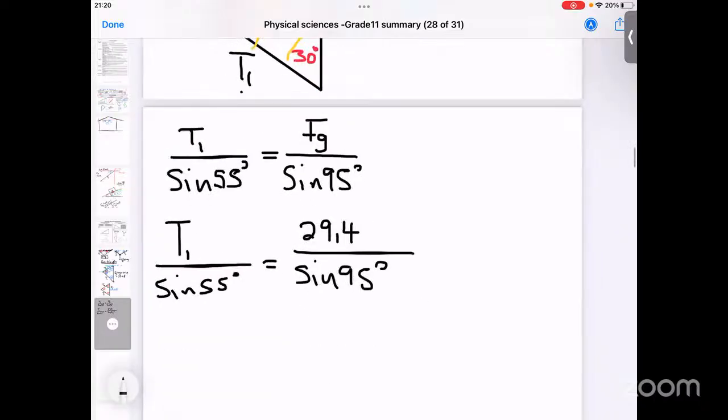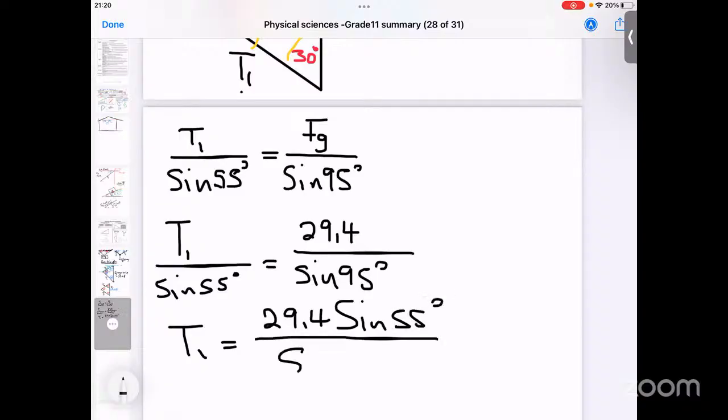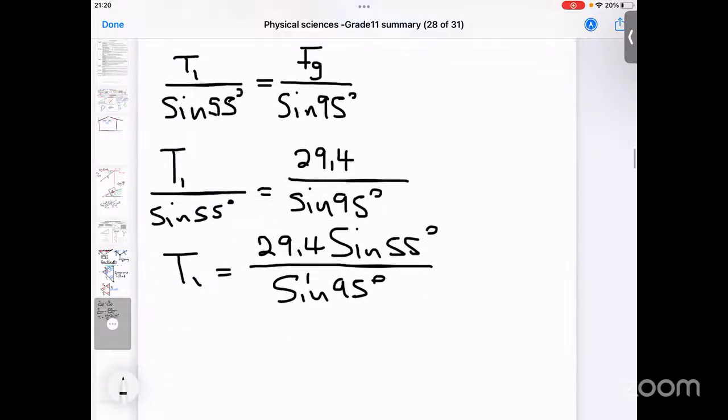Then you just cross multiply. That means your tension 1 will be equal to 29.4 multiplied by sine 55 degrees, and the whole of that divided by sine of 95 degrees. And that should be equal to, let us see. So we have 29.4 times sine of 55 degrees, and then divided by sine of 95.